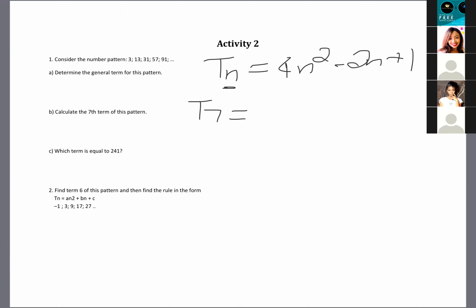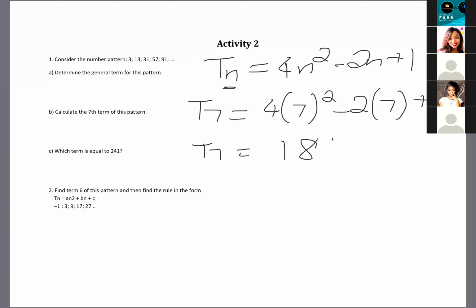So I'm going to say 4 multiplied by 7 squared minus 2 multiplied by 7 plus 1. And then I just punch that in my calculator. What's the answer? 183. That's perfect.